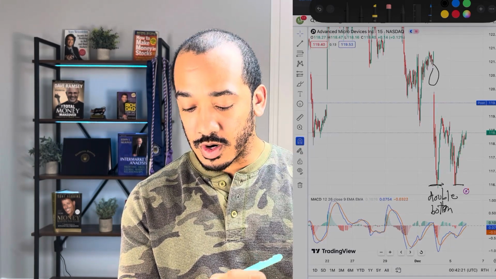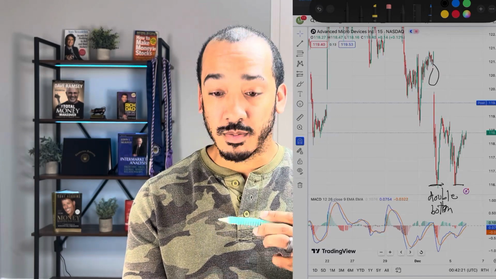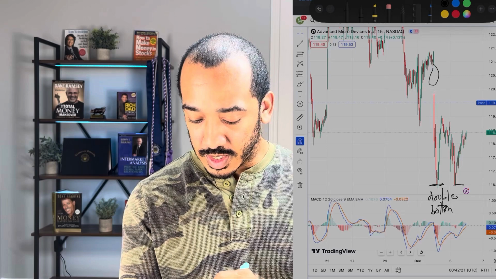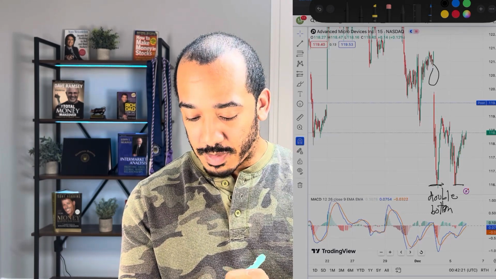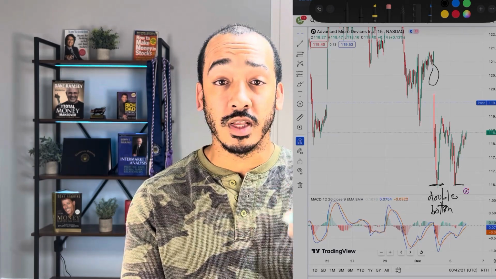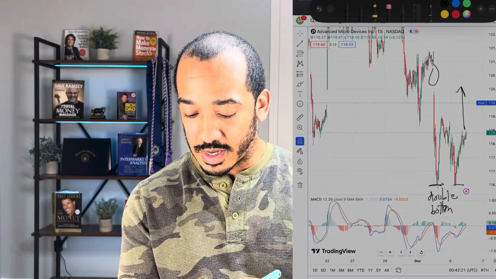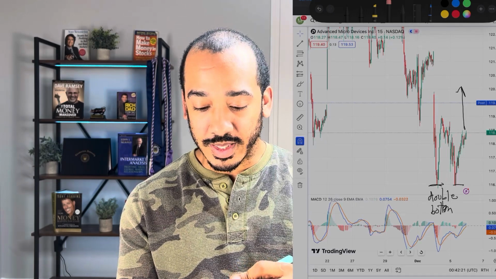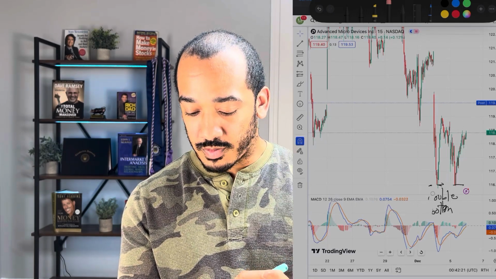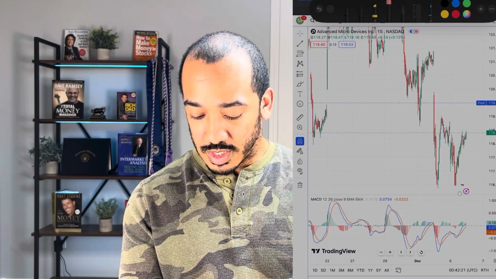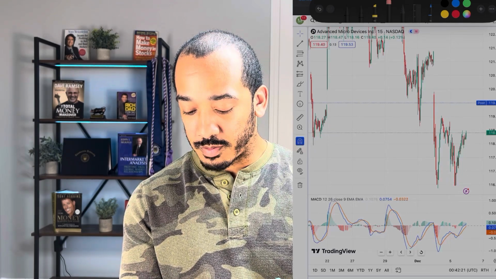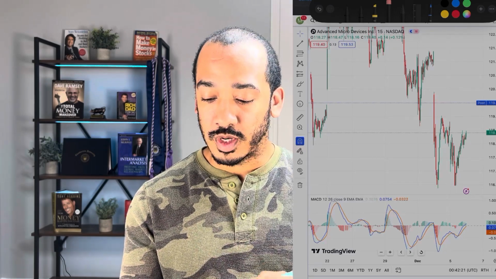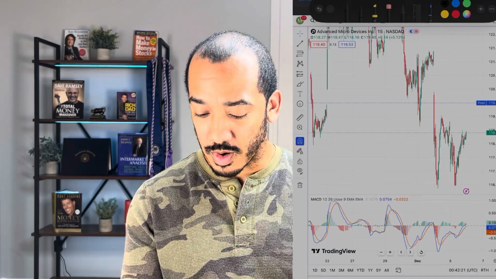So in the 5-minute chart, we got a bull flag. The 15-minute chart, we got a double bottom. Usually in a double bottom, it touches a level of support, bounces off, comes down, bounces off that level of support again, and it still got room to run to clear that double bottom, plus we got that gap. So on the 5 and 15-minute chart, it's showing me that we're gonna continue to make that move upward. Post-market, the stock is still going up, so I expect it to go up in pre-market.